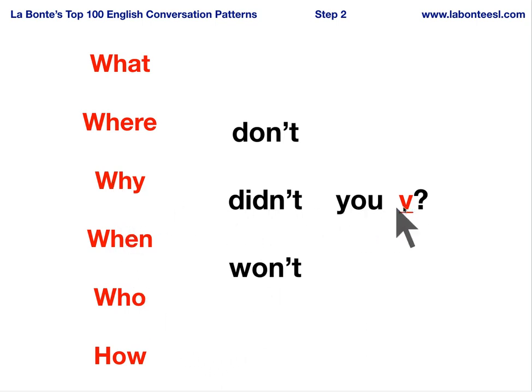Why didn't you sleep? After they repeat it a bit, I would make some examples in Korean for them. For example, in Korean I would say, "What don't you eat?" And they would have to translate back to me, "What don't you eat?"